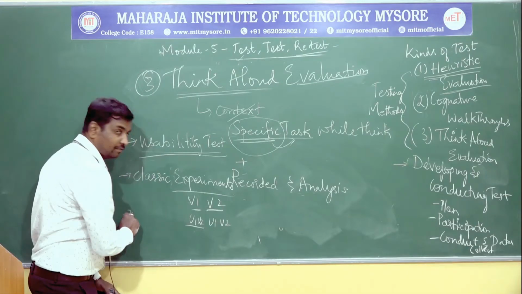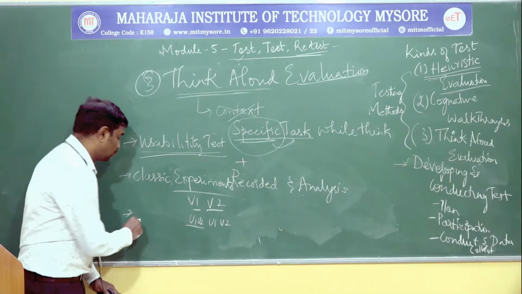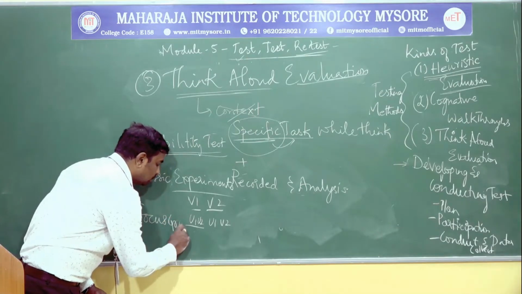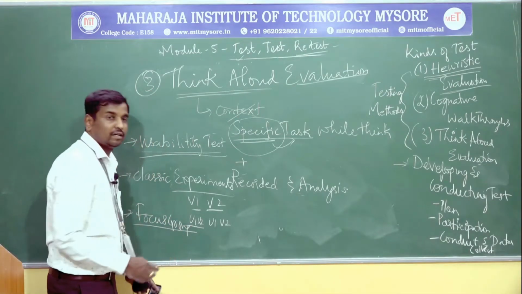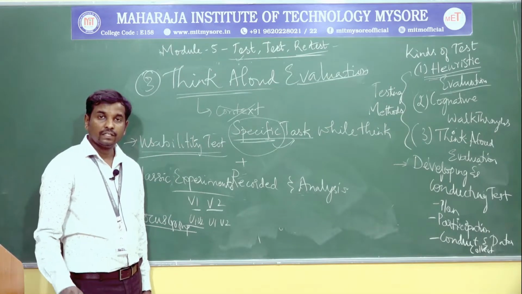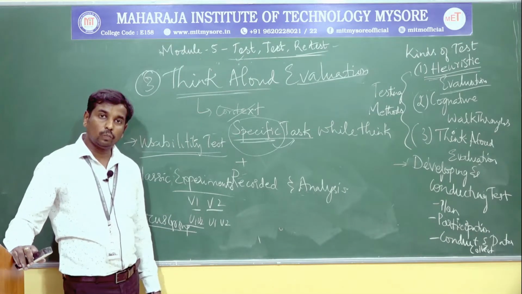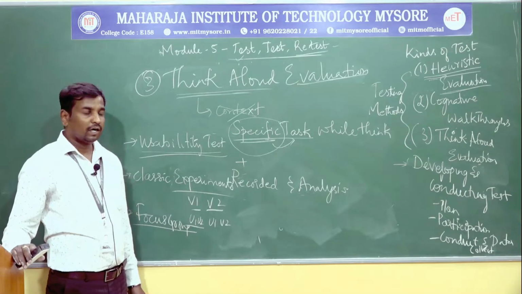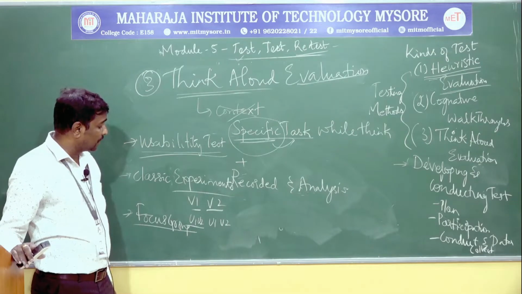The second method we use is called the focus group. In this method, we discuss with a group of people who are using the prototypes and get opinions from them.